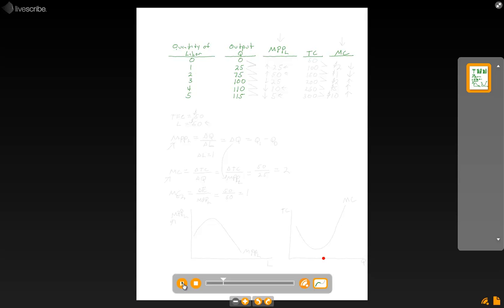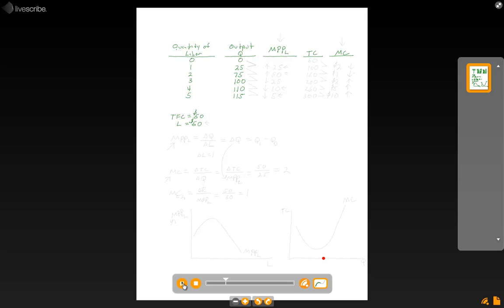All right, now again, we are going to assume that our total fixed cost is $50, and each unit of labor is going to be equal to $50 per day as well.